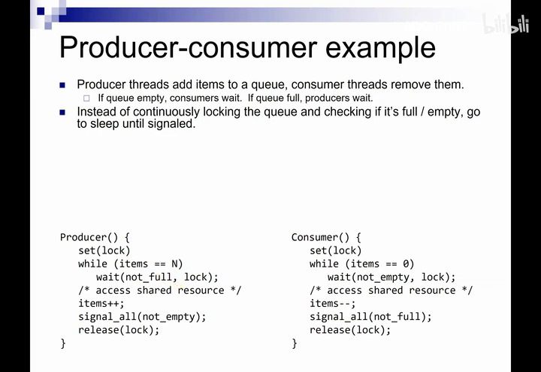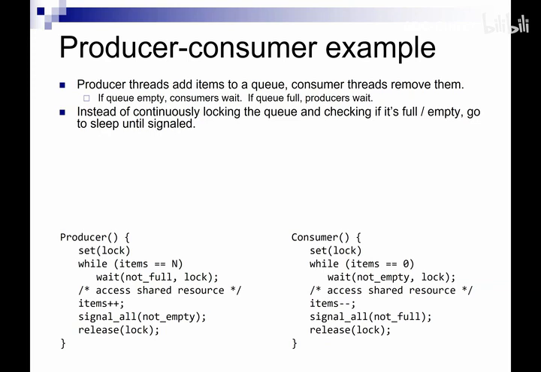And when he's waiting, currently the producer has the lock on the queue, so nobody else can access the queue at all. So if the producer keeps this lock, then because the queue is full right now, and nobody else can access the queue because this producer has the lock, nobody can ever take anything out of the queue, and so the queue will always be full. That means the producer will be waiting there forever.